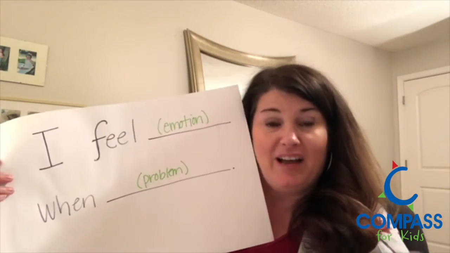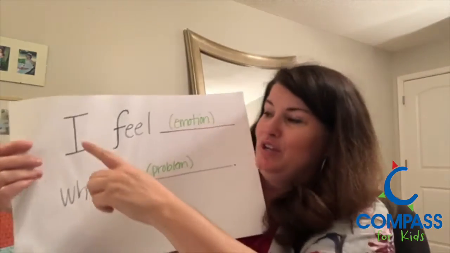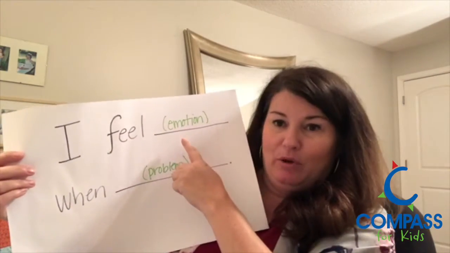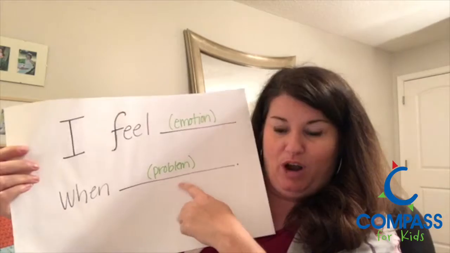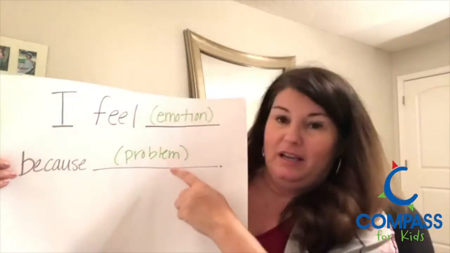You have to identify what the problem is and why you have the emotion you do. So: I feel emotion when problem, or I feel emotion because of this problem.